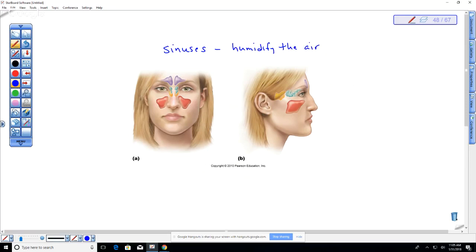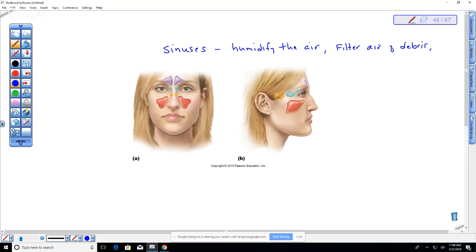So when we breathe in the air, when it comes into our lungs, we want that air to be semi-humid, because otherwise our lungs are going to dry out, because the lining of our lungs is a respiratory membrane that has to be maintained moist. And so, for example, the ethmoid sinuses allow for that. The other thing is that they help to filter the air of debris.